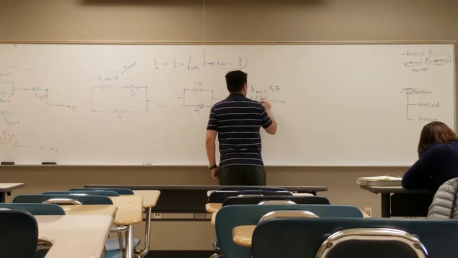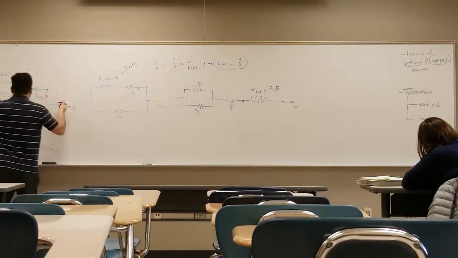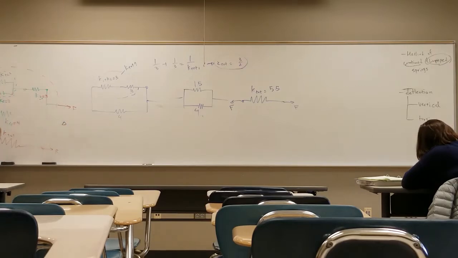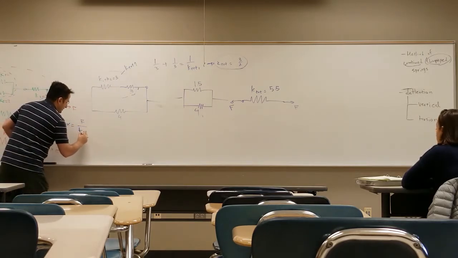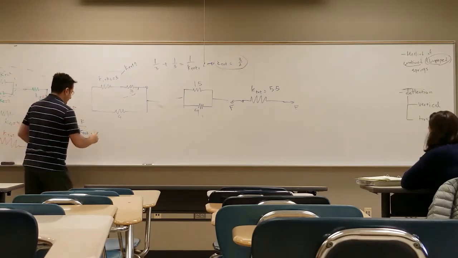There you go. That means if I apply a force F at the end of this, then the deflection, because our objective right now in this chapter is to find deflection, is equal to force divided by K total. K total is the total spring constant, and K total is 5.5.